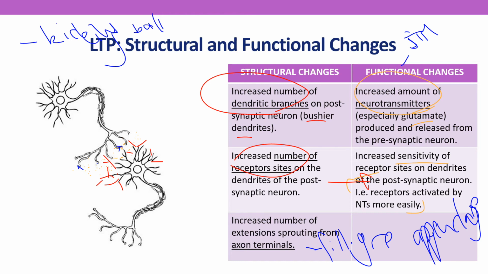It doesn't actually look like this, but let's go with it. Essentially, we are forming more connections. So with all of this, the dendritic spines meet these filigree appendages, and then we have more synapses.